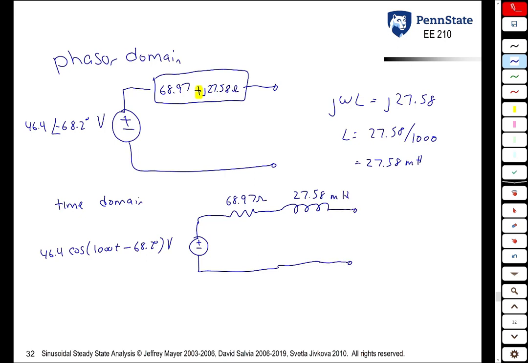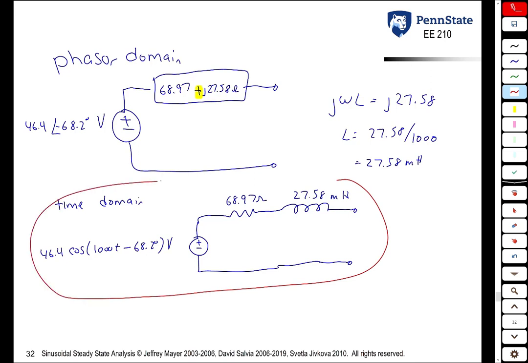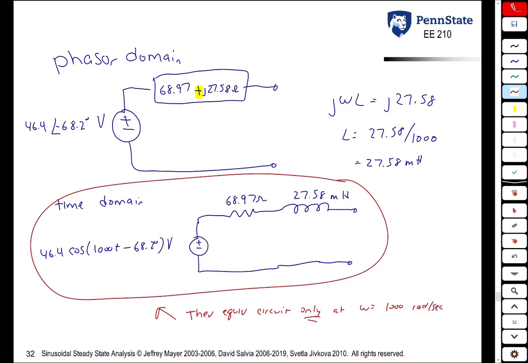So we see that at an operating frequency of 1000 radians per second, we get this Thevenin equivalent of the circuit. An important thing to point out is Thevenin equivalents are frequency dependent. So this is the Thevenin equivalent only at an operating frequency of 1000 radians per second.